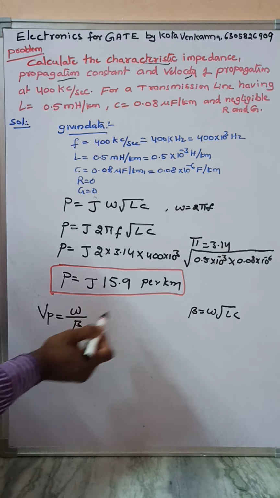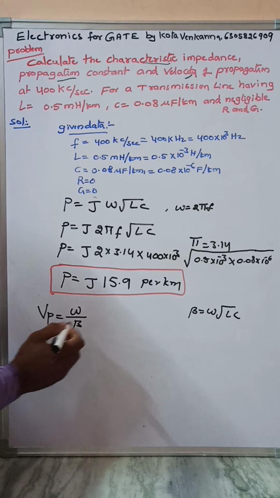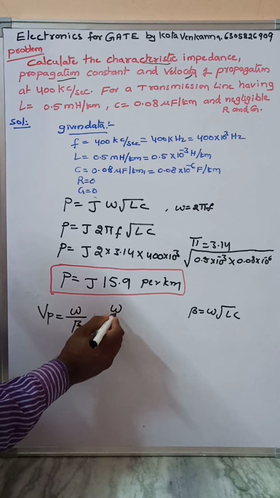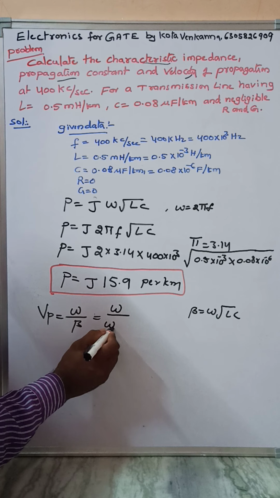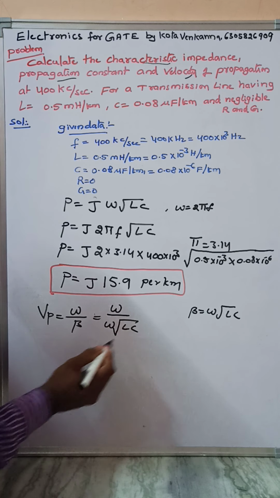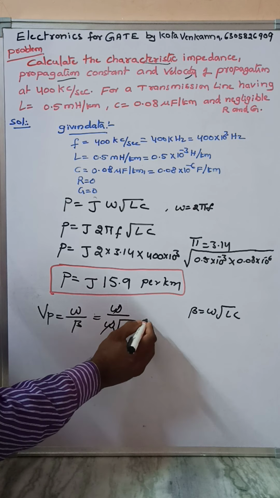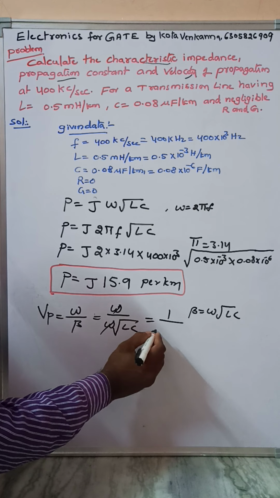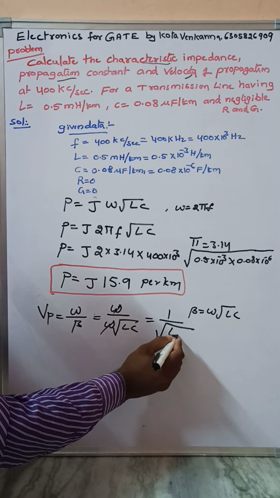Substituting this, omega cancels and the value becomes 1 by square root of LC.